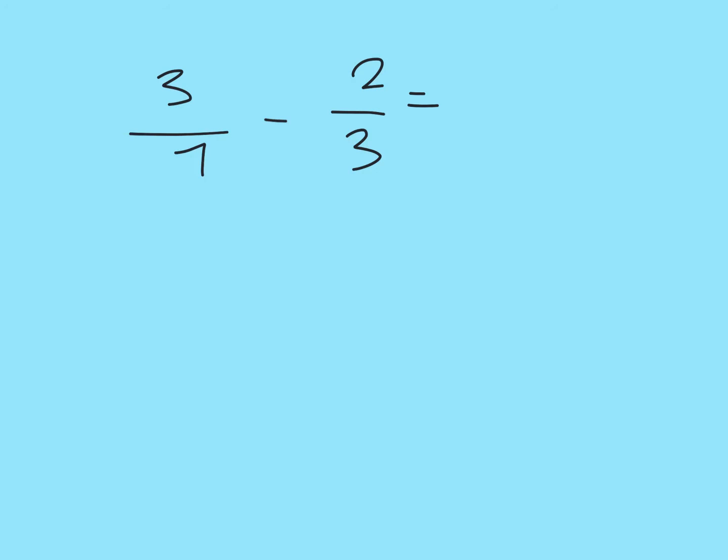Okay, now we have another problem. As we can see, our denominators are not the same number, so we have to do the process that we just did in the second problem. We're going to find the multiples of these two numbers and find the least.